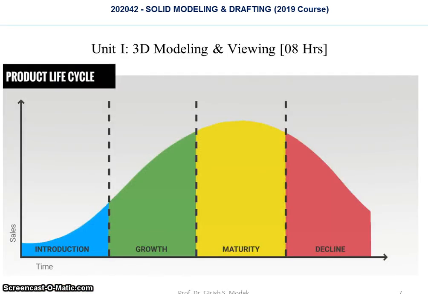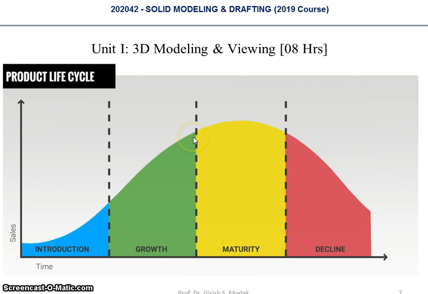You can see it from the figure. Introduction is the basic phase in which the product is conceptualized. Then it enters the market at the junction of introduction and growth. Then the product captures the market and its sale goes on increasing, that is called the growth phase.